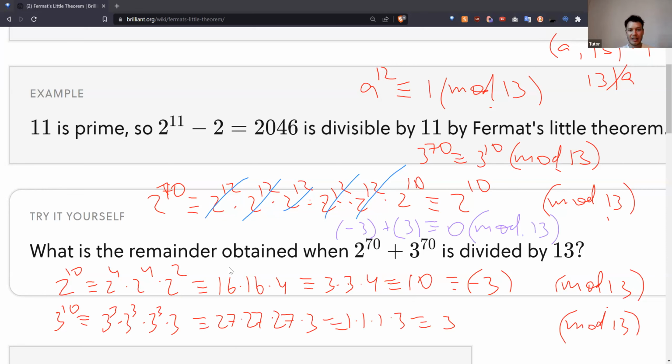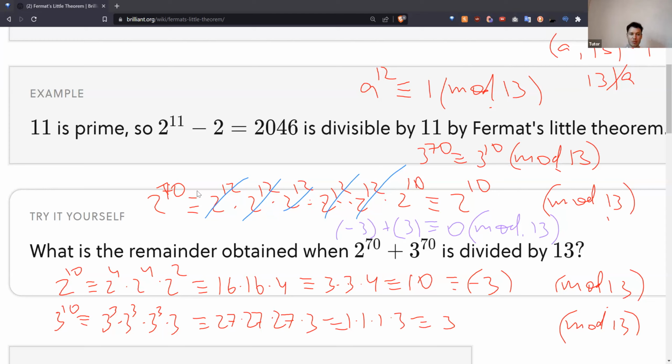So what did I get? I got that this number is a multiple of 13. The remainder is 0. Hopefully this is clear how we use Fermat's theorem. You're basically trying to find out what powers give me 1. For 13, if you raise it to the 12th power, as long as a is not a multiple of 13, because 13 is a prime, 2 to the 12 or 3 to the 12 would always be 1.